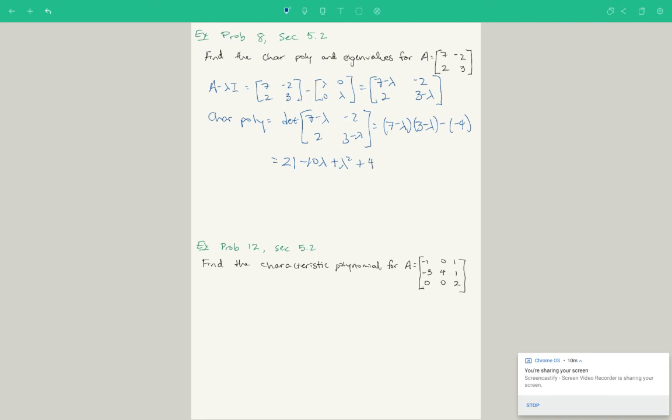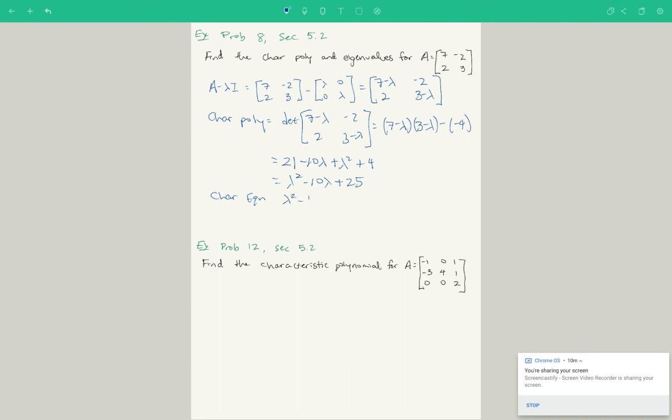So if we simplified that down a little bit more, this gives us lambda squared minus 10 lambda plus 25. So now this is our characteristic polynomial, and to find our eigenvalues, we go ahead and set that thing equal to 0.